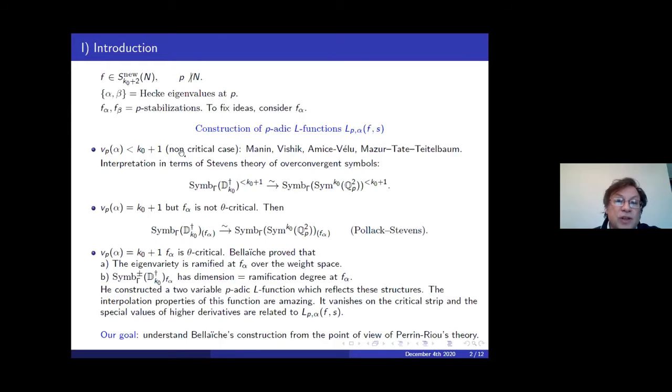In the non-critical case, this means that the p-adic valuation of alpha is strictly smaller than k0 plus 1. It was done in the 1970s by many people: Manin, Vishik, Amice, Vélu. Next, it was revisited by Mazur-Tate-Teitelbaum.